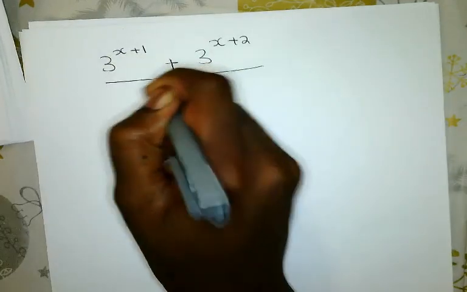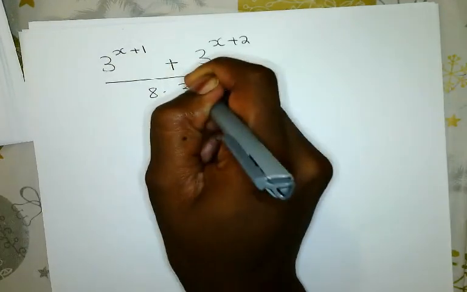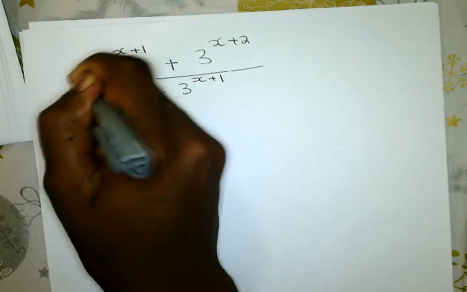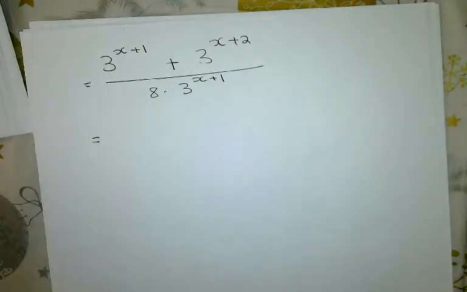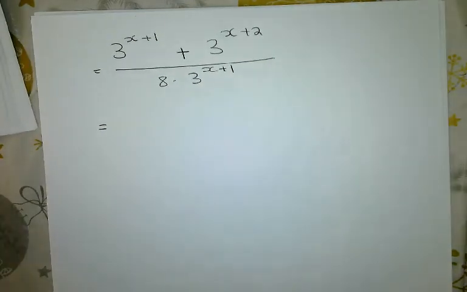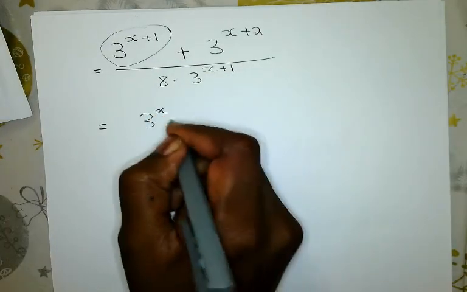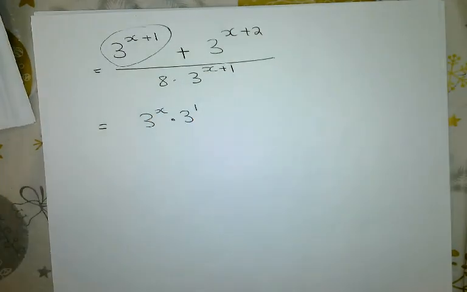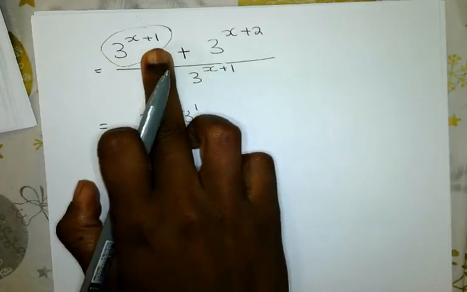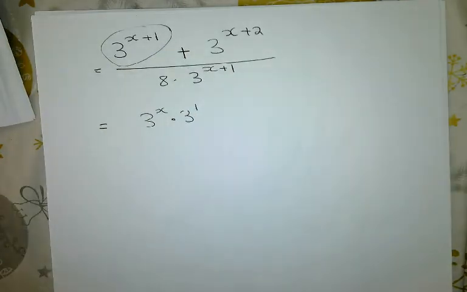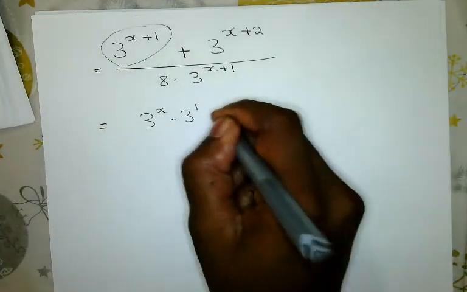So, let's look at this question. I'm going to expand this one to, do you all agree? Every exponent is going to have a base. This one, 3 to the x times 3 squared. Just like that.